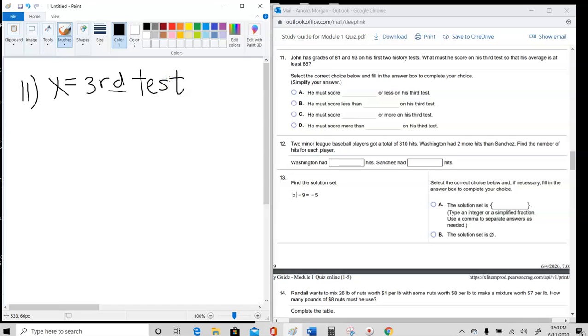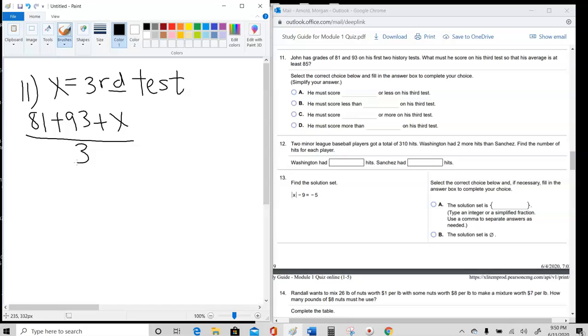And you know, when you're taking the average, you're just taking the regular average or mean of your test scores or homework. You add the scores together, and then you divide by the number of scores you have. So John has 3, so we'll divide this by 3.